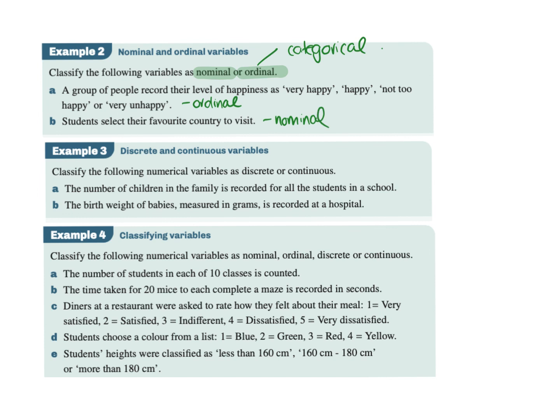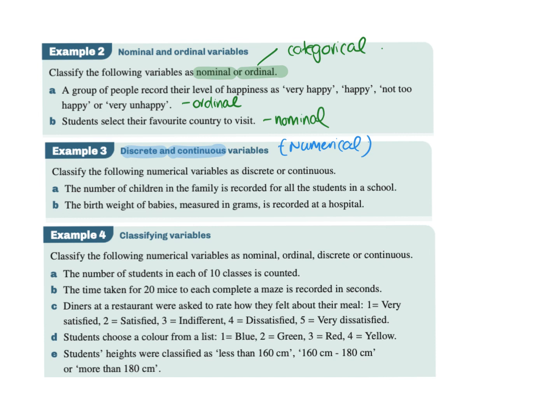Okay, keep going. So now the next one is asking whether it was discrete or continuous, and what is that an example of? Yeah, good. That's an example of numerical data. Okay, so let's have a look at this. The number of children in the family is recorded for all students in the school.